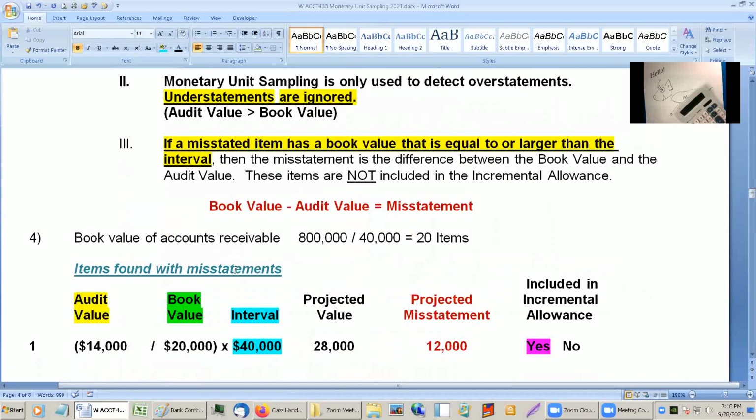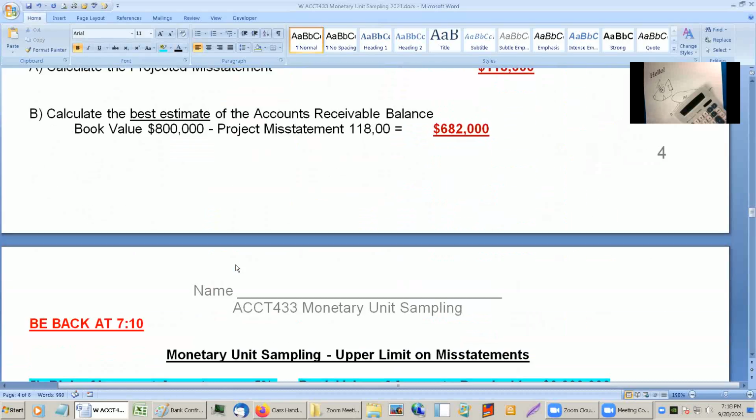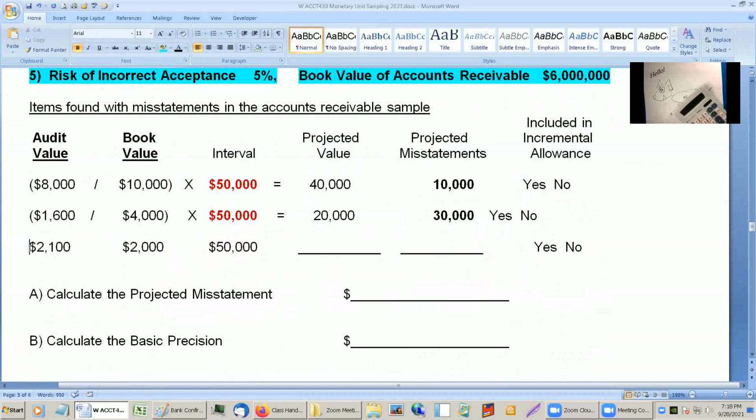So if the audit value is bigger than the book value, it's ignored.